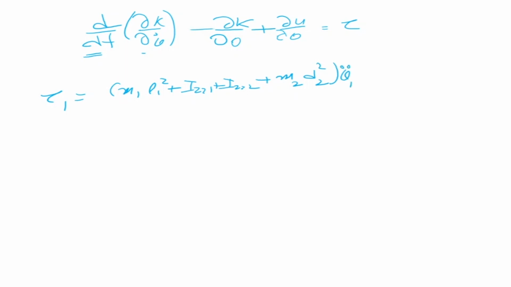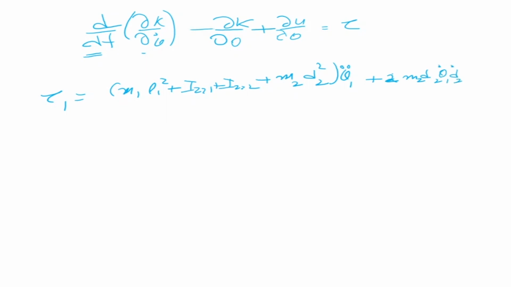This is one we have got, plus, because there is another term, d2 is also there twice, so there is a twice m2 d2 theta 1 dot, and there is a d2 dot.